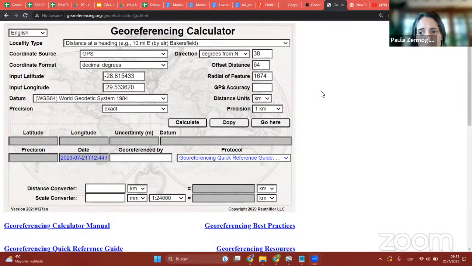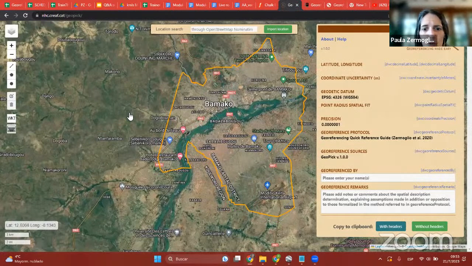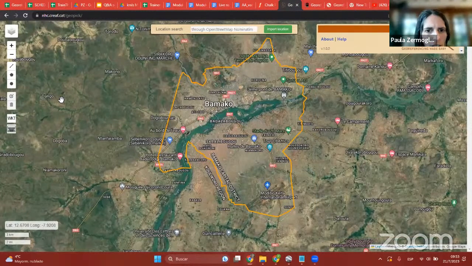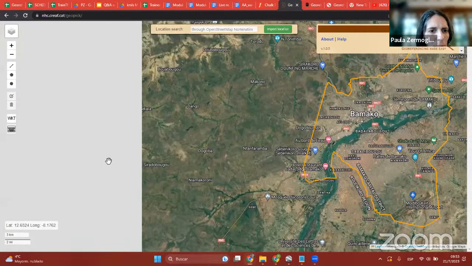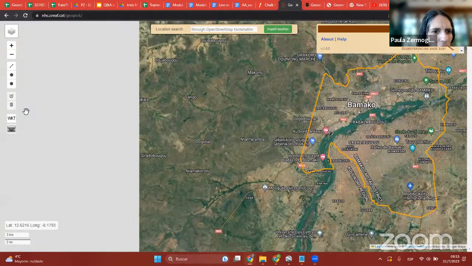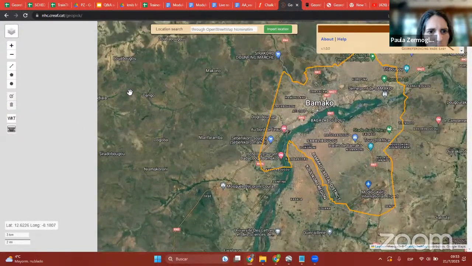We can import polygons into Geopic, but only in WKT format. For example, I'm going to reduce this here. Suppose that we want a polygon here, and I'm going to draw it so that you can see, just for the sake of having a polygon to show you.